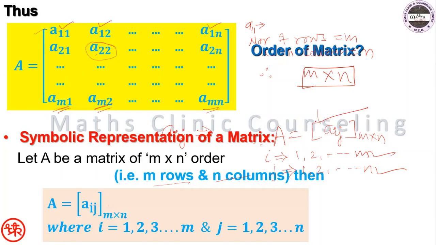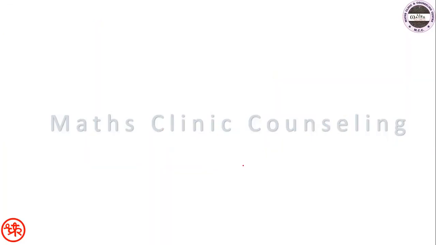Look, here we have written it. So this is the matrix where i is 1 to m, and j is 1 to n. Is that clear? Now from this matrix we can specifically write. Look at it.